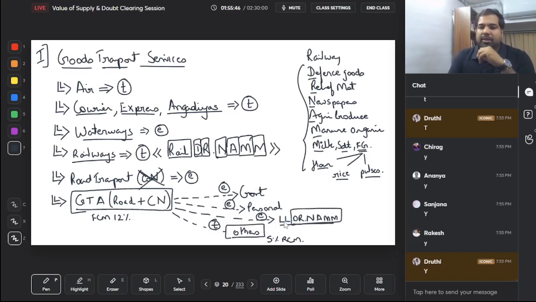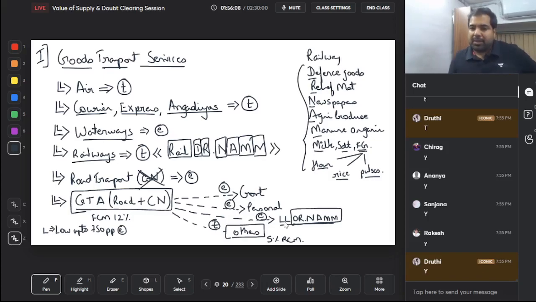Let me explain what is L. Guys, if in a truck, L is low value. If in a truck you are transporting some goods and the transportation cost is very low, means up to 750 per person, then it is exempt.